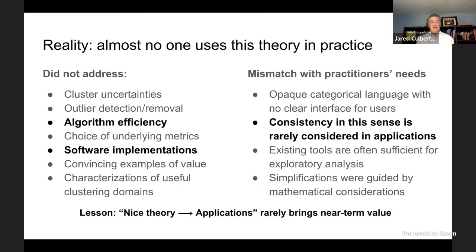So it's some really nice, interesting mathematics. But when you try to develop the theory first and then go and look for applications, I think that this really rarely brings very much near-term value. And so this was a lesson that I think we had to learn very acutely in this work, and I think is an important one.